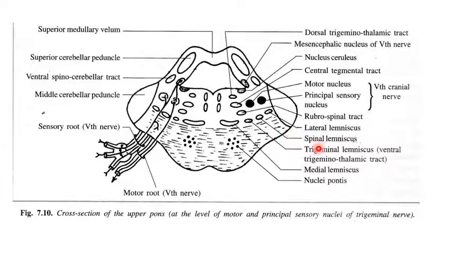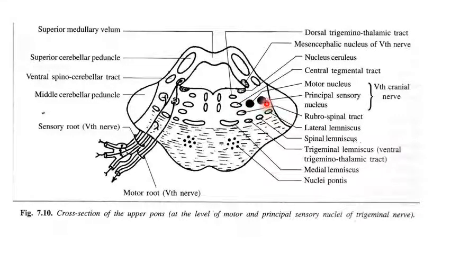So all these three nuclei lie in one line from the second cervical segment up to the midbrain. They appear continuous, but they are not in anatomical continuity; they are three different nuclei.